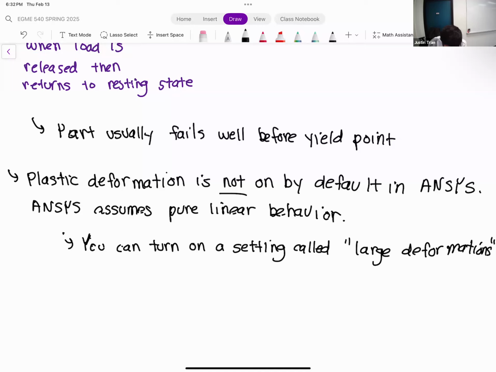Okay, the last thing I want to discuss today is this idea of hyperelasticity, which is a new, different kind of material model. People have been discussing it for a long time.